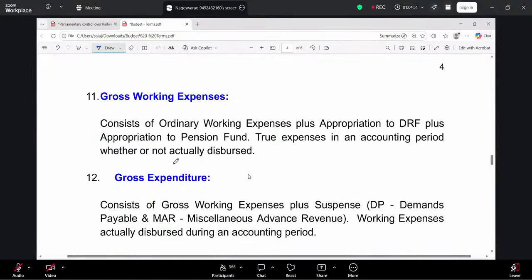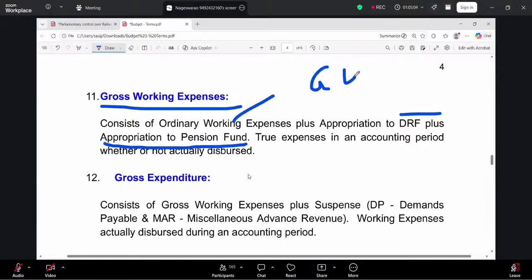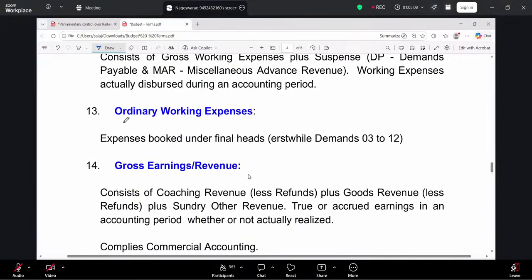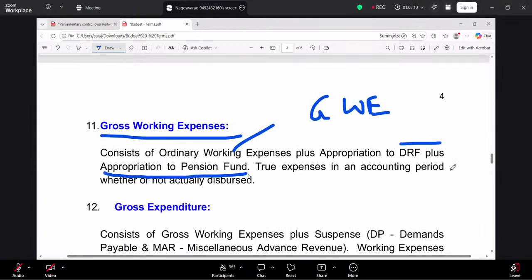Okay. What is the difference between gross working expense and ordinary working expense? The DRF and pension fund are added to ordinary working expense. It is called GWE. So the difference between GWE and ordinary working expense is nothing but the DRF and pension fund. DRF plus pension fund.